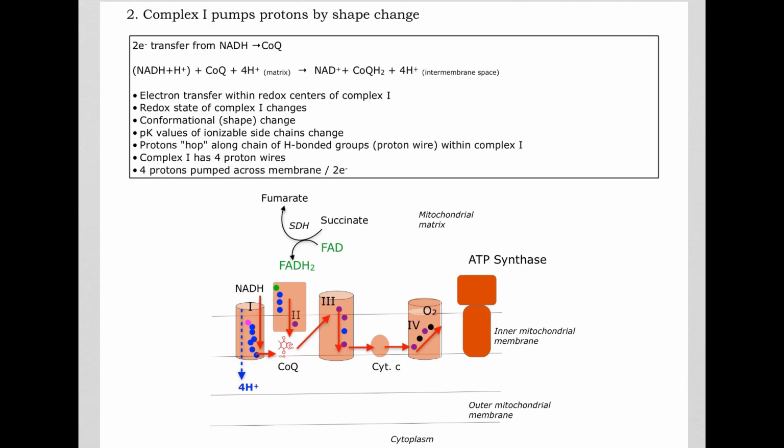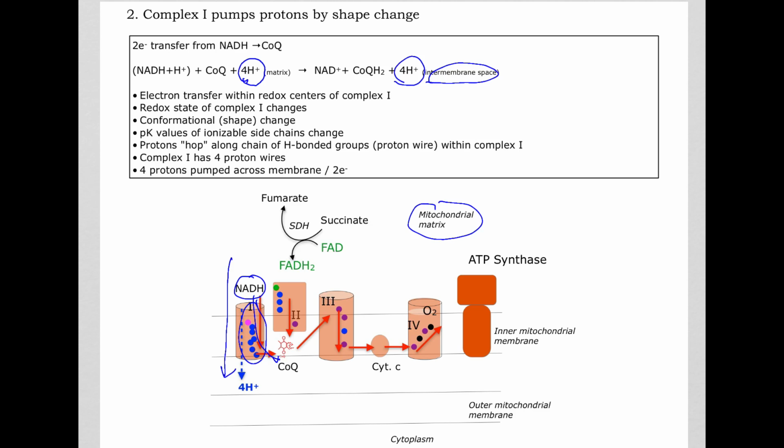At the same time as these electrons are being transferred through complex 1, complex 1 also takes 4 protons from the matrix side and sends them out into the intermembrane space.